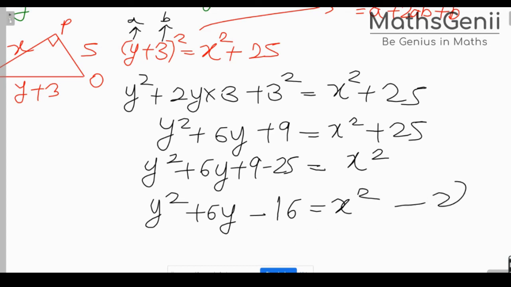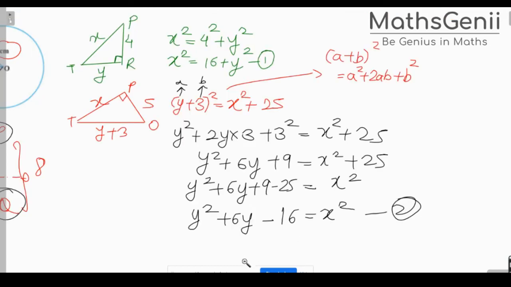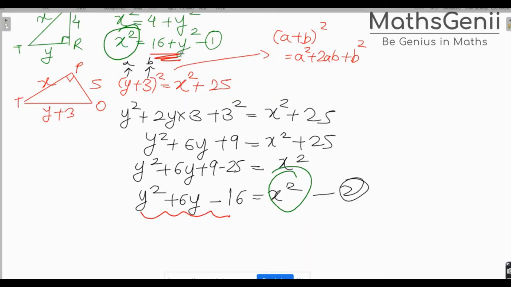Now this is equation 2. Now why did I put x square this side? So that I can compare. Here you have x square, here you have x square. Can I equate both of these? After x square, what do you have? 16 plus y square. And for this x square, on the side of equal to, what do you have?